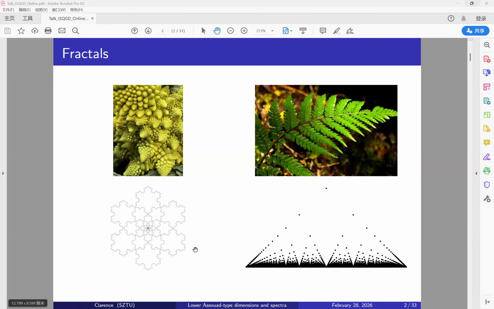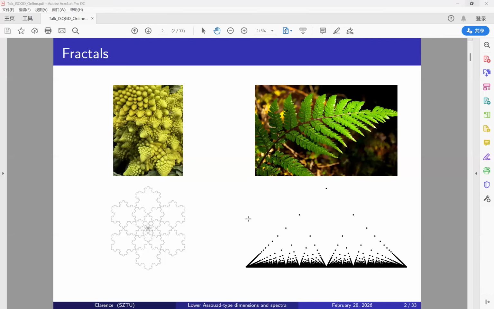The third one is a tiling called the snowflake, and the fourth one is the graph of the Thomae function, also known as the popcorn graph, which will be used later in this talk. As we can see, fractals are natural objects happening in the natural world and in mathematical societies.